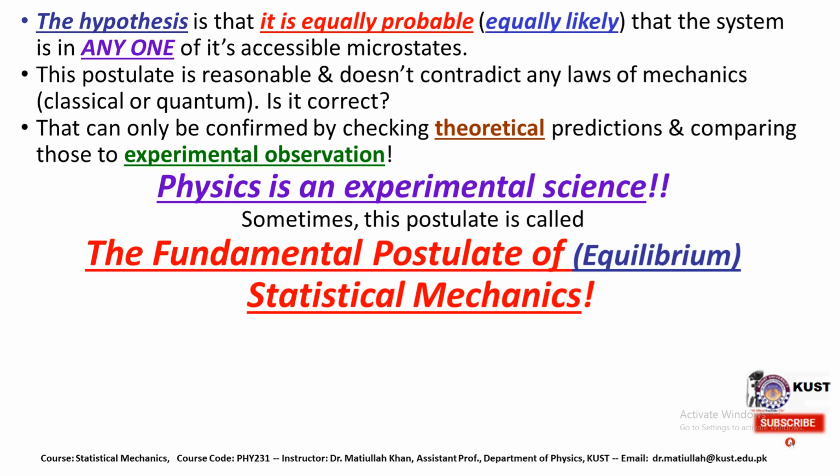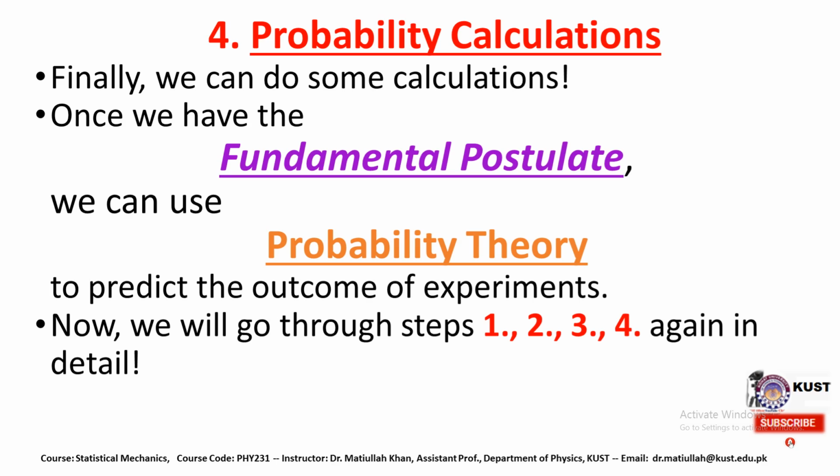This postulate is reasonable and does not contradict any law of mechanics, quantum or classical, and it can only be confirmed by checking theoretical predictions and comparing those to the experimental observation. So physics is actually an experimental science. Sometimes this postulate is called the fundamental postulate of equilibrium statistical mechanics.